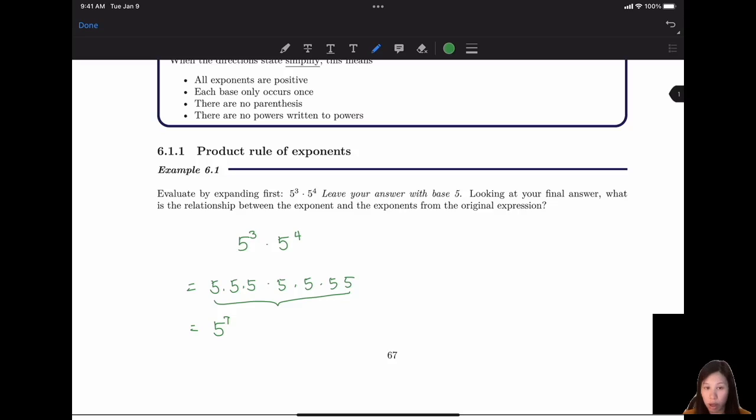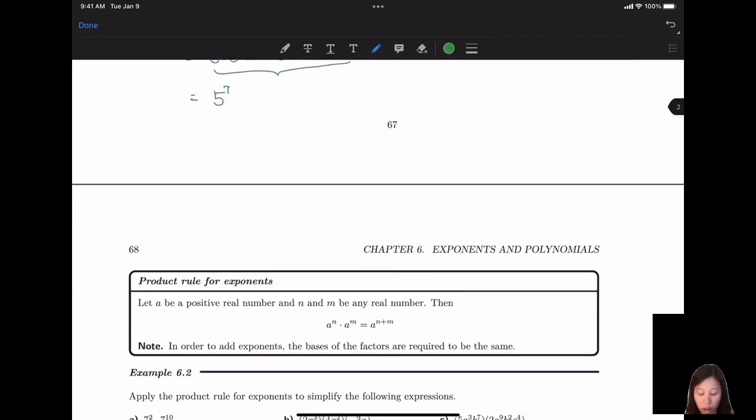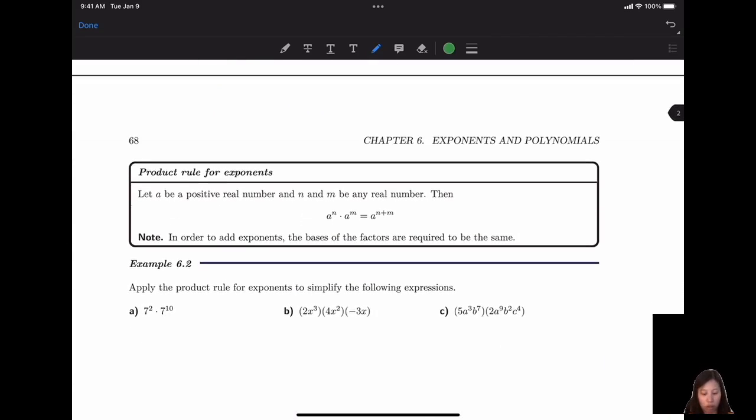So that means 5 to the third times 5 to the fourth is equivalent to 5 to the seventh. If two exponential expressions with the same base multiply together, you can write it as just the base to the sum of their powers. Okay, so here is the product rule for the exponent.